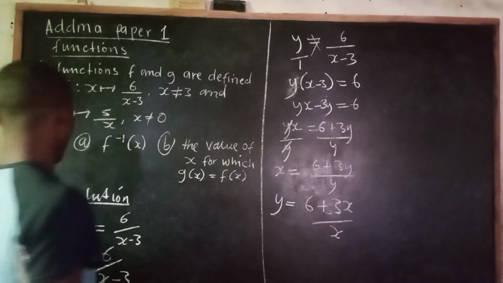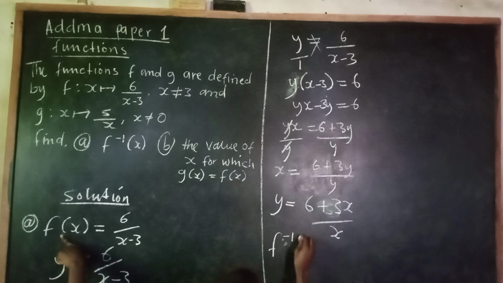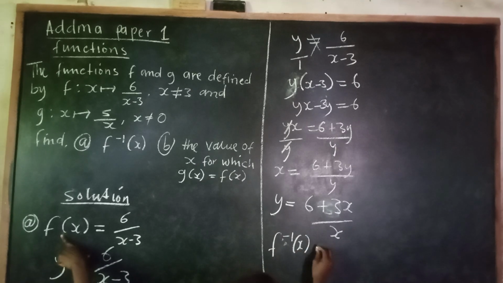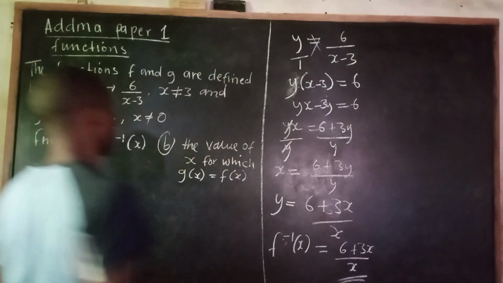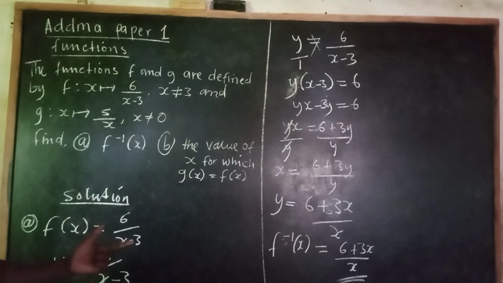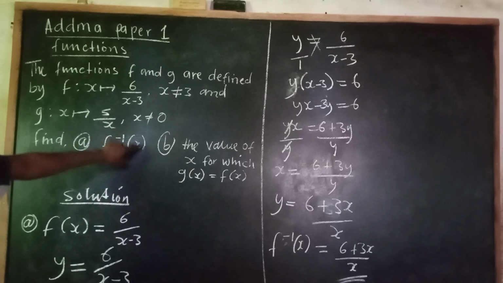This y now goes back to being the inverse of f of x, so f inverse of x equals 6 plus 3x over x. That is the way to go. So we have found the inverse of f of x.